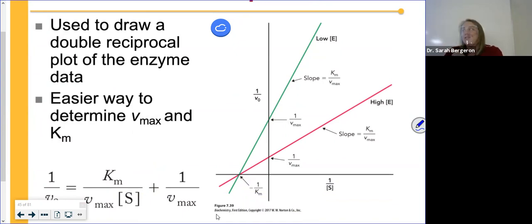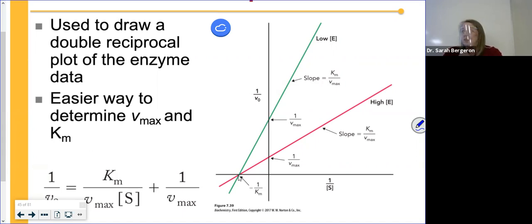You are not going to have to do that calculation on an exam, okay? You just have to understand what happened, right? So if we graph this, what ends up happening is that you can look at where these lines intersect the x-axis, and that relates to your Km. So it's very easy to look at this graph and say, oh, both lines have the same Km, right?